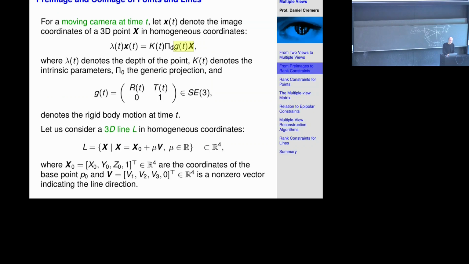Once the camera moves over time, I have to rotate and translate it into the coordinates of the camera, then standard projection, intrinsic parameters. As you can see, in principle, they can change over time if you want. And that is the projected point up to the depth. So lambda of t is the depth of the point, K of t is the intrinsics over time, and pi 0 the generic projection.